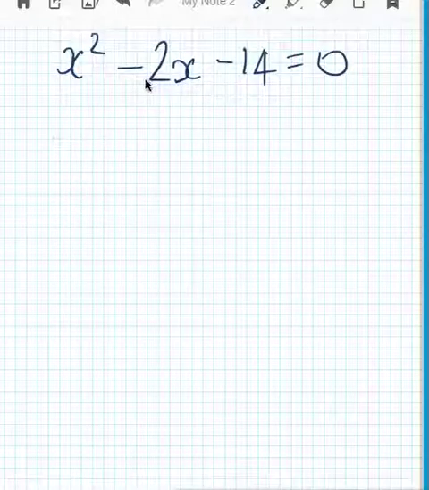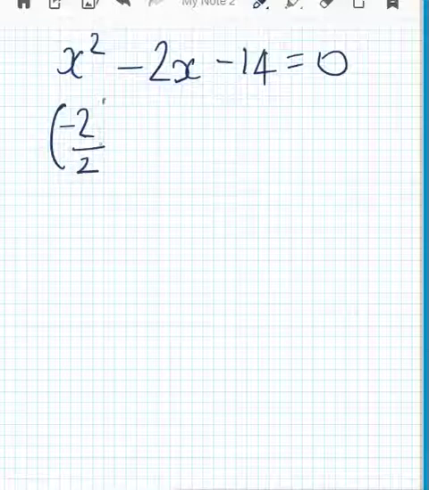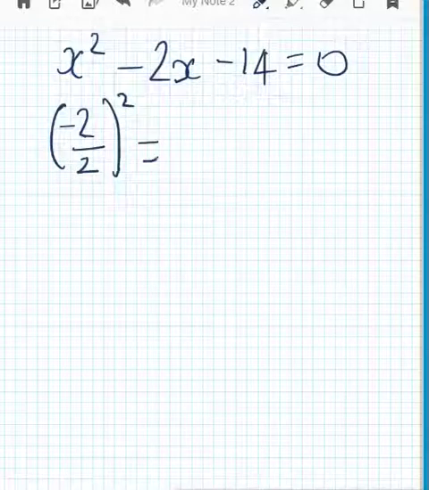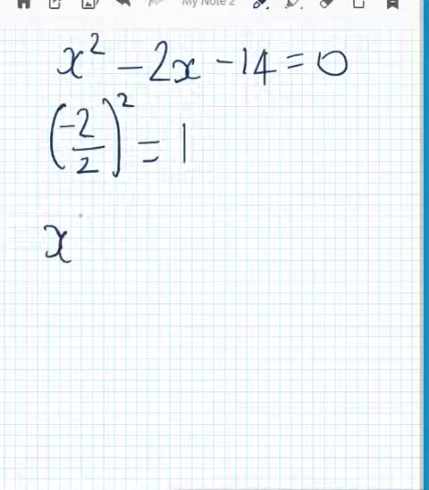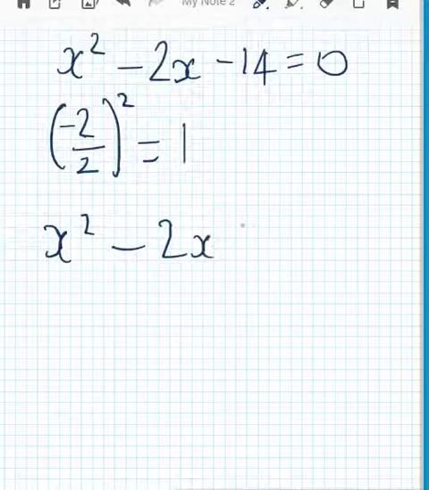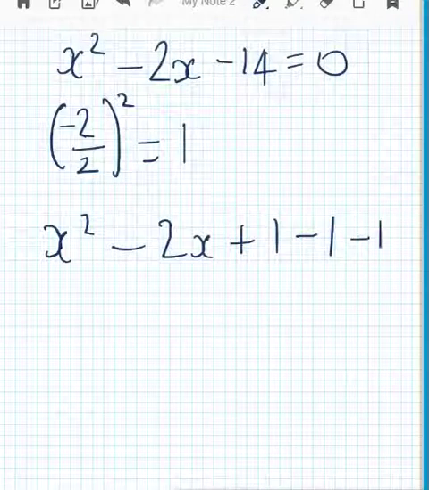So to complete the square, we have to halve b and square it. So half of b, divided by 2 and squared, equals 1. So once again, we now add this 1 to our equation. So plus 1 and then minus 1 and then minus 14.